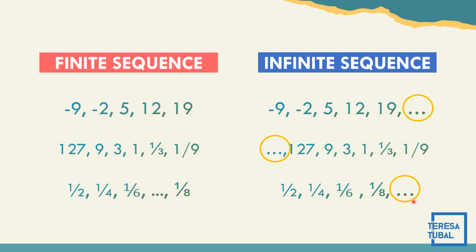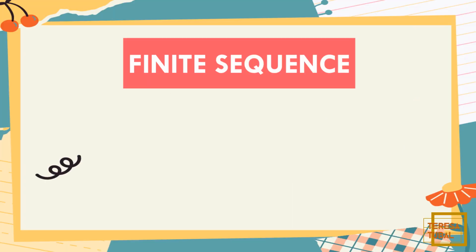So if the three dots are at the first term or last term, that is an infinite sequence. Well, if they are in between, it means we have the first term and we also have the last term, so that is a finite sequence.